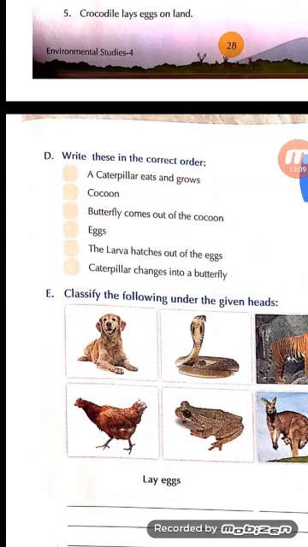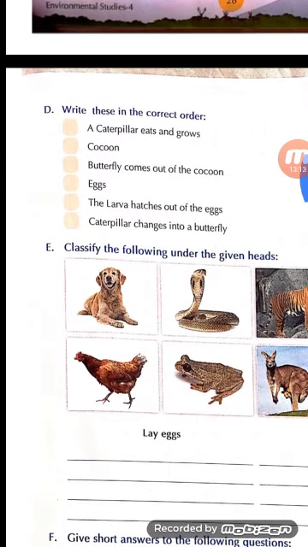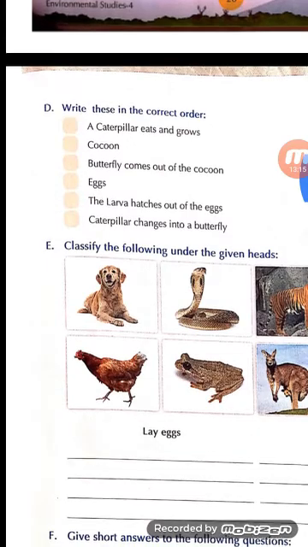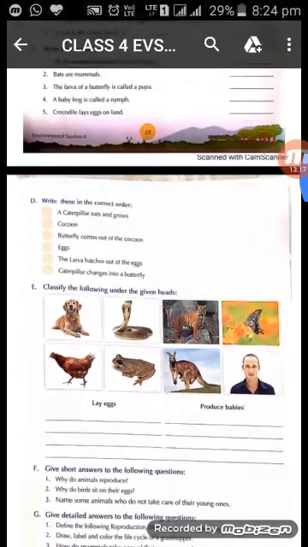Now next question, classify. Question number E, classify the following under the given heads. Now here we have two headings, two columns under which we have to write the names of these animals accordingly.